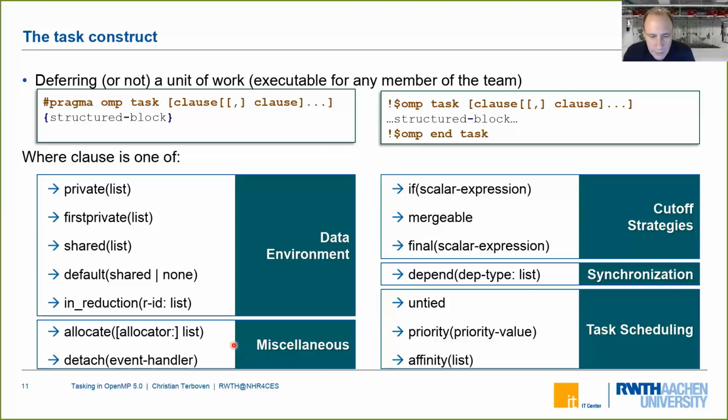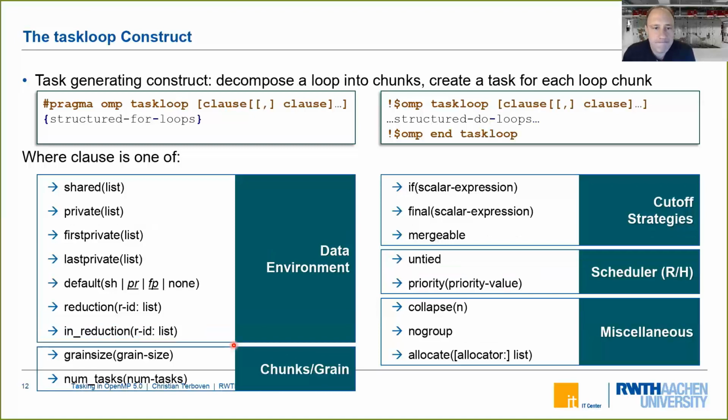This is something that I mostly will skip today, but with allocate, we can, for example, denote that the variable occurring here will be allocated in a different kind of memory, like the high bandwidth memory or the large capacity memory, whatever you might have in your machine. So most of those clauses, I guess, are familiar if you have used OpenMP worksharing before, and all those task-specific things will be covered in the next 20 or 30 minutes.